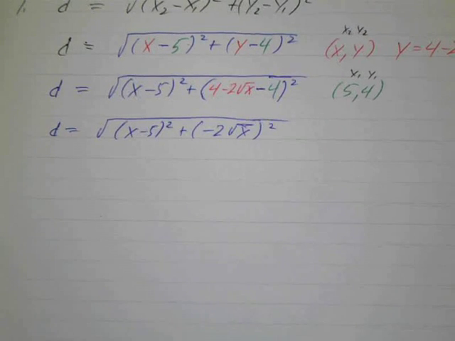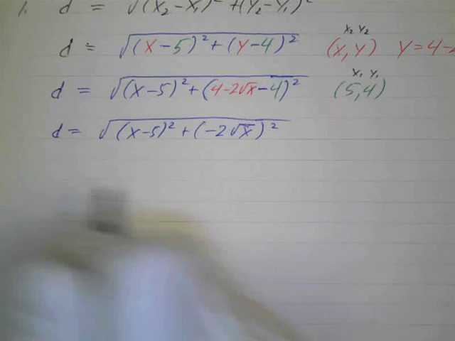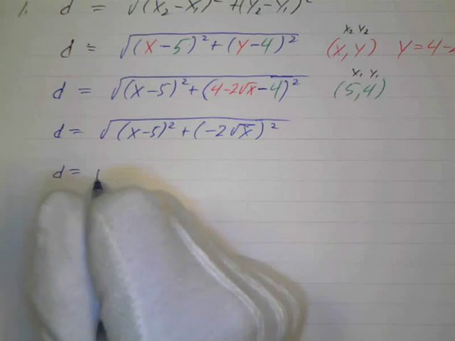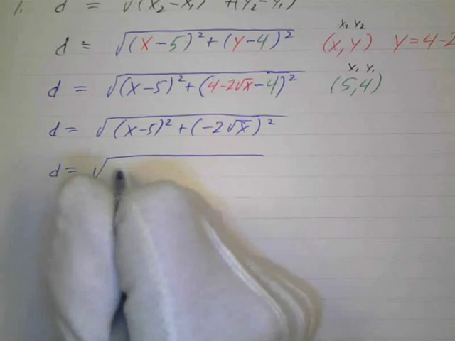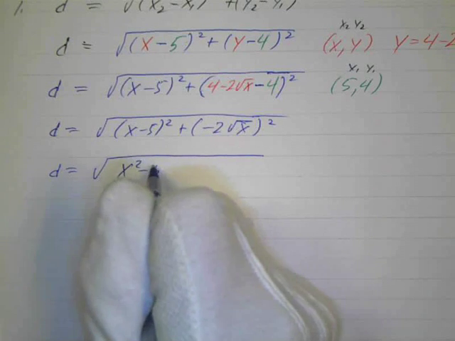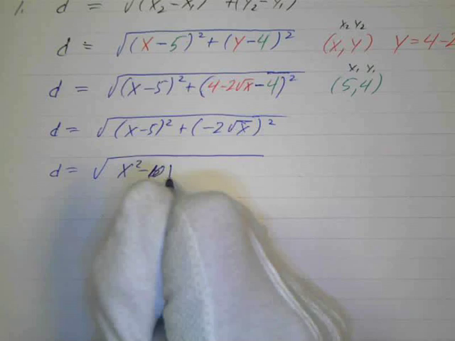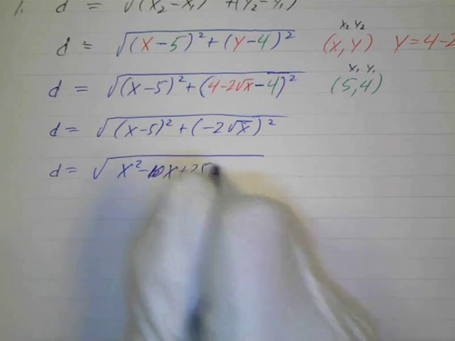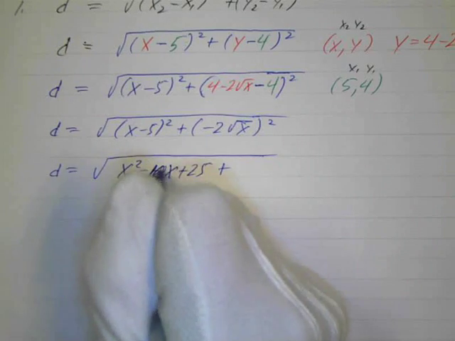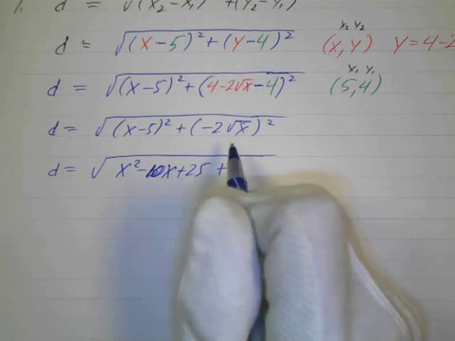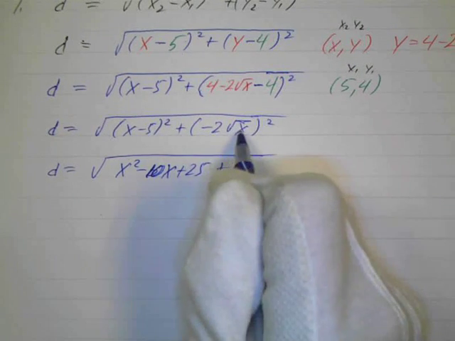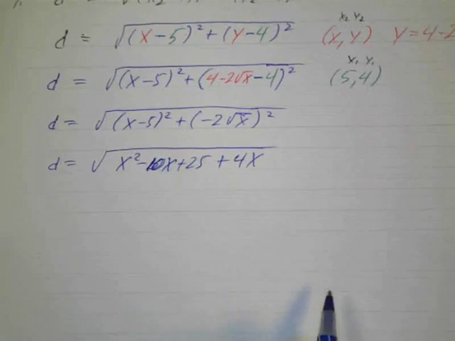Okay. And then when I square both of these out, I get distance equals the square root of x squared minus 10x plus 25, and then plus, over here, that's 10x, pardon me, and then negative times a negative is positive, so it'll be 4, and the square root of x squared is just x.